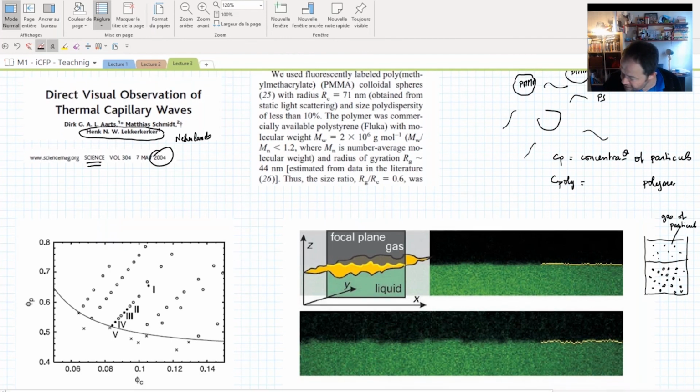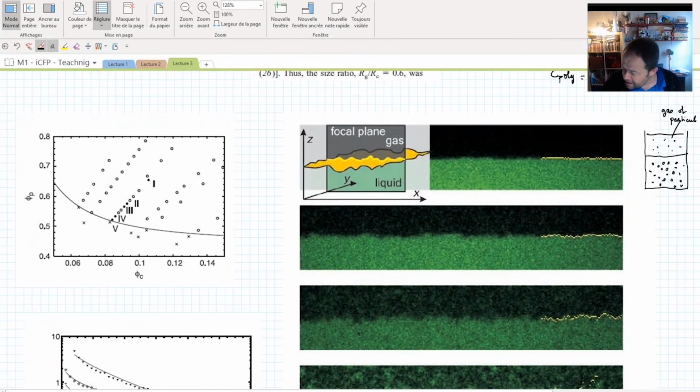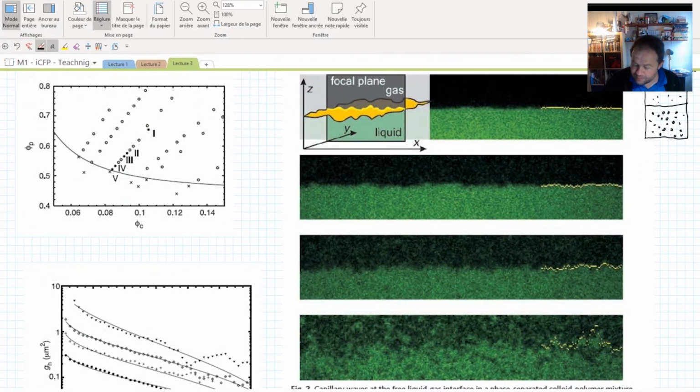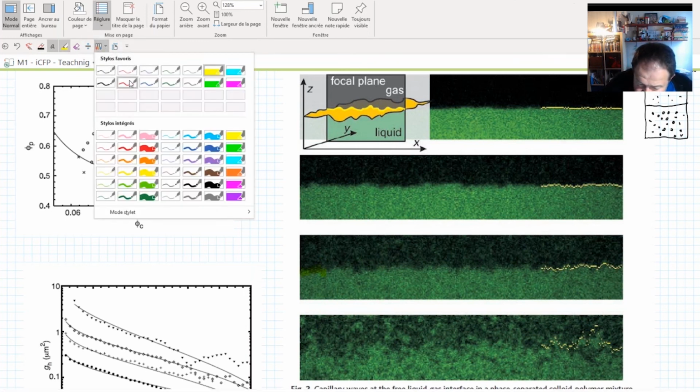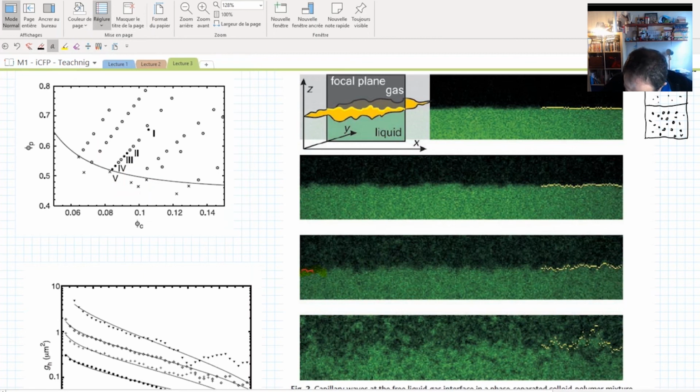And if you do this kind of thing, here you see some confocal imaging of the surface, and you clearly see the roughness of the surface here. So you can directly measure the fluctuation in real space.